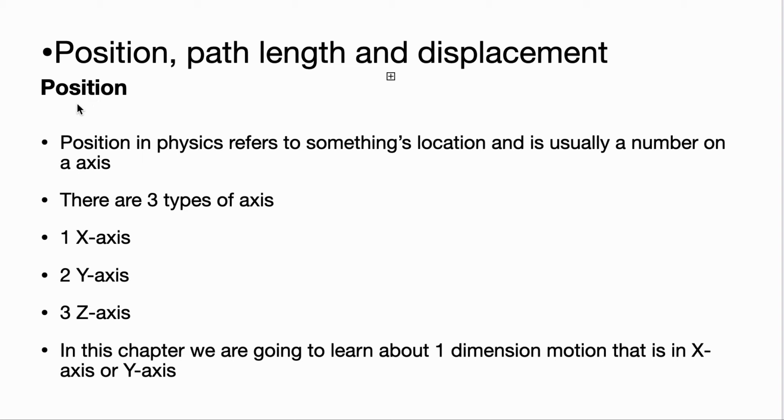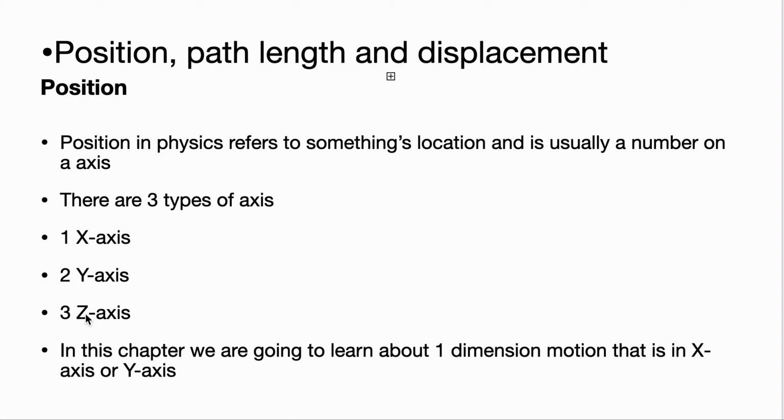According to the bookish definition, position in physics refers to something's location and is usually a number on an axis. Typically there are three kinds of axis: x-axis, y-axis and z-axis. Right now z-axis is not so important in 11th and 12th, so you will only be studying x-axis and y-axis.